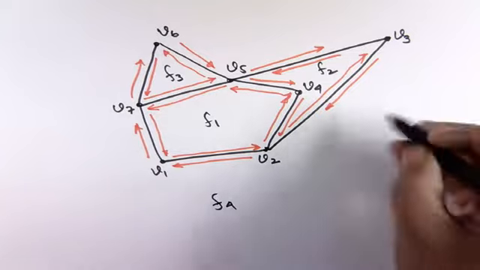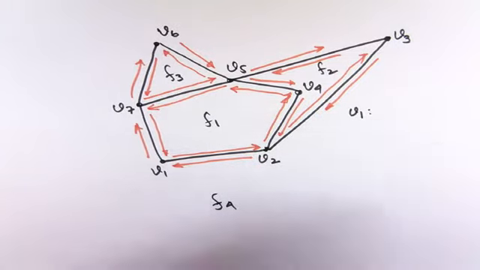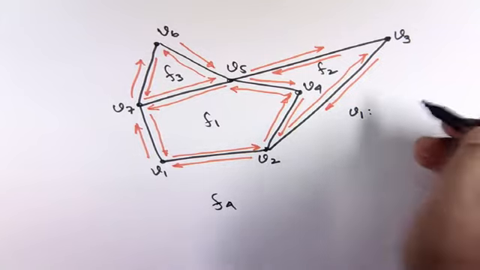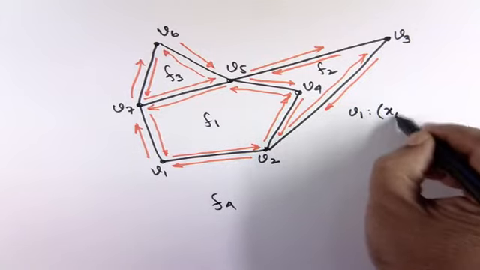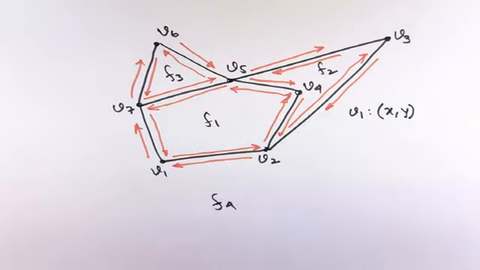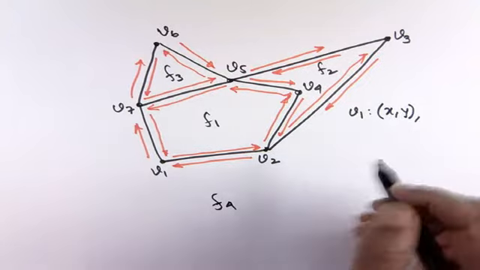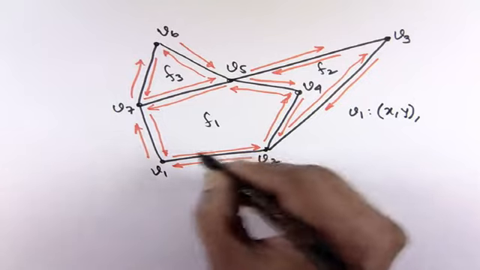So how do you represent a vertex? What information do you need for the vertex? Certainly you need the coordinate, because it's a geometric problem. And let us just number these edges.